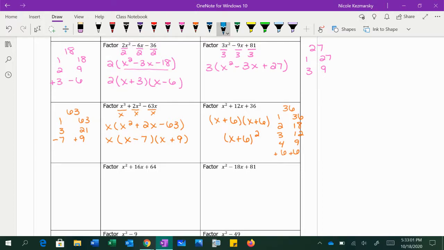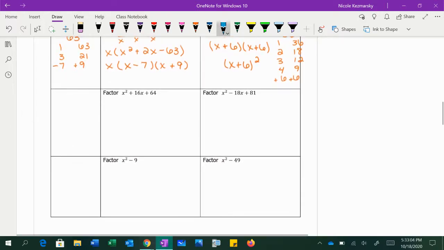Next example. So I don't see any common factors because my leading coefficient is 1. So let me go ahead and do a factor pair list on 64. So 1 and 64, 2 and 32. Let's see, how about 3? Does 3 go into 64? No. How about 4?